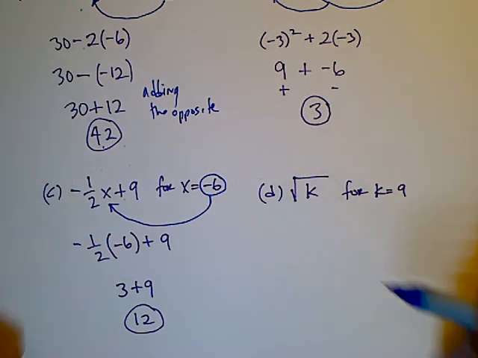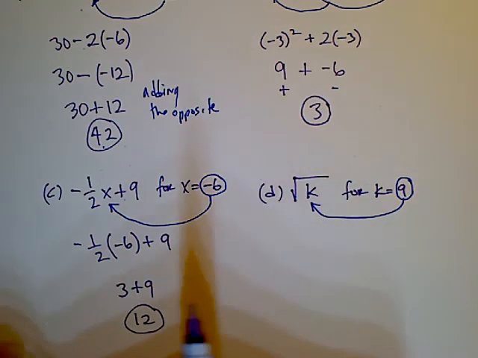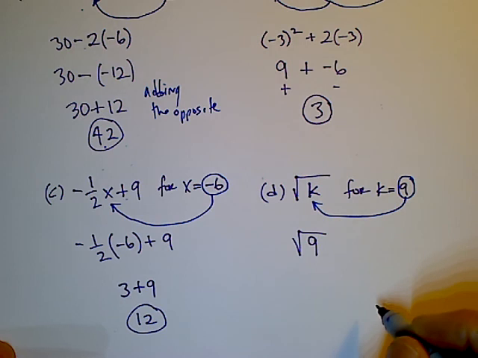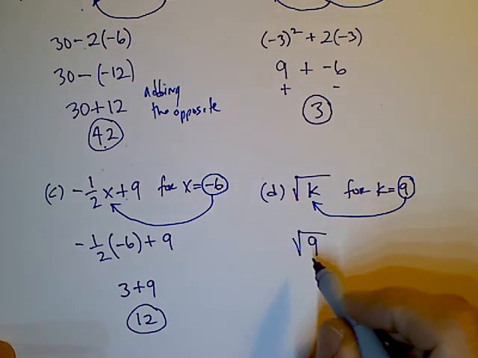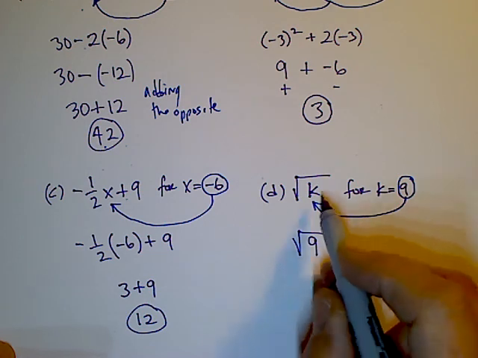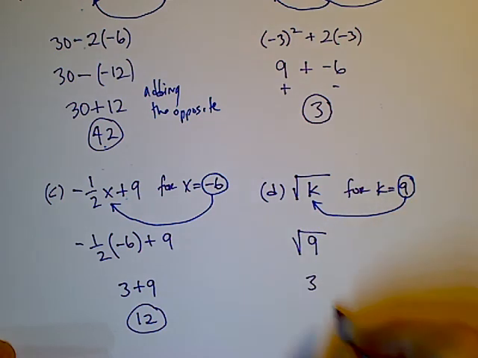So again, I'm going to take this 9 because I'm evaluating and plug it into the k. So really I want to find what is the square root of 9. Well, the square root of 9 is the number that multiplies times itself to equal 9. That's what I'm looking for. The square root of 9 is going to equal 3.